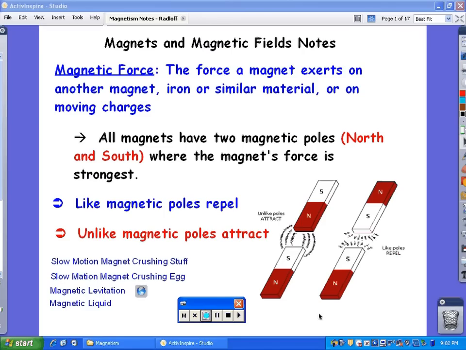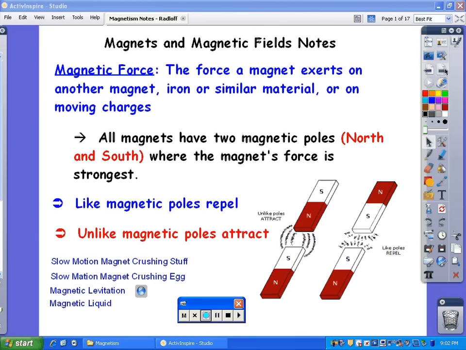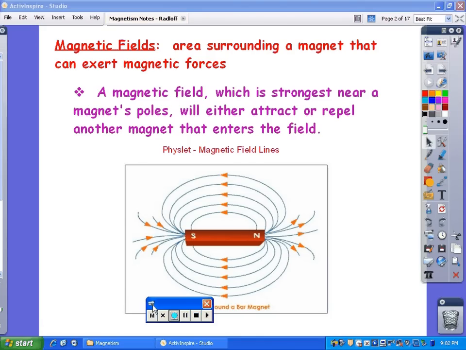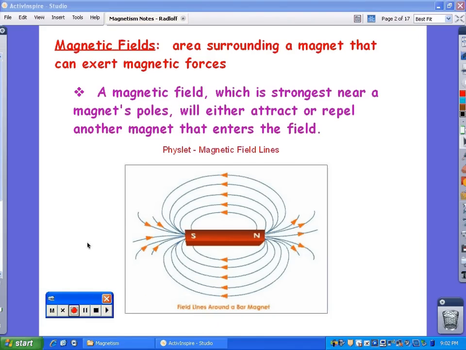Negatives and negatives repel, positives and positives repel, and then positive and negative attract. So it's just like electricity in that sense. This is a more concrete example of that happening, as you can see a magnet a lot more easily than you can see an electron.